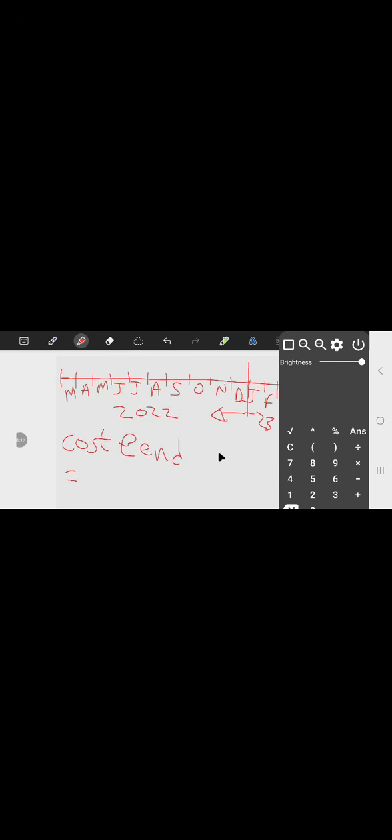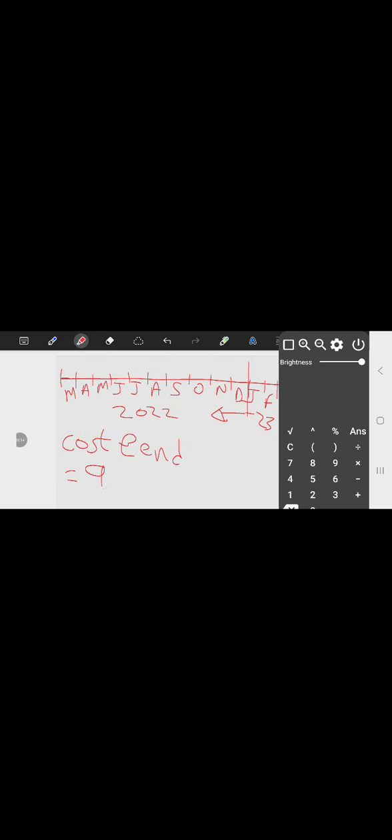Right. These are other things that you can highlight immediately when you get a question paper. We are given a cost of 910,000. What other information are we given?